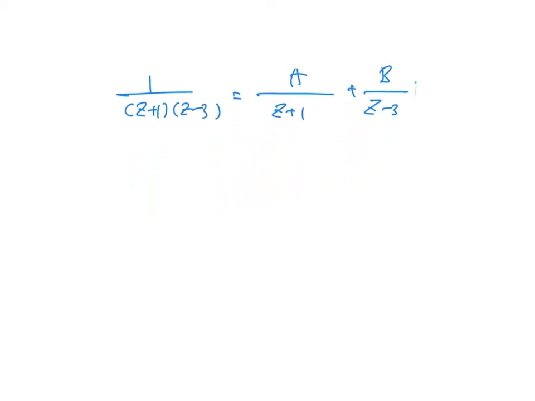So we know that a is minus 1/4 and b is 1/4, so it becomes minus 1 over 4 times 1 over (z plus 1), plus 1 over 4 times 1 over (z minus 3).